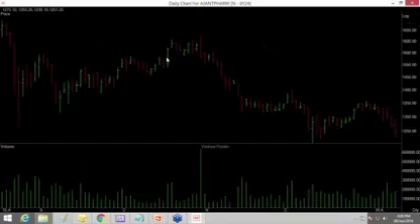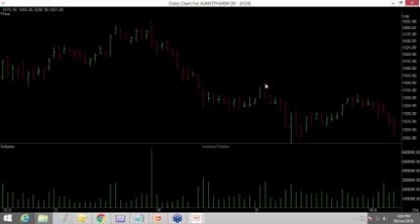Now if you see this green line, that represents that the closing of the day is higher than the opening. Here the horizontal line is towards the left side of the vertical line, that is the opening of the day. And here the right horizontal line is on the upper part of the bar, so that signals that closing is higher than the opening of the day. That's why the color is green.